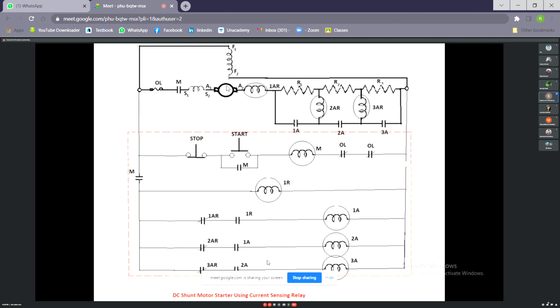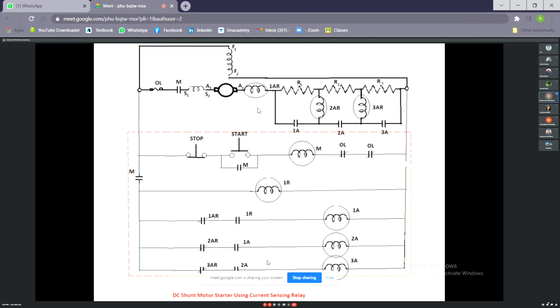Now you can see that the armature is in series with the current sensing relays, this 1AR, 2AR, and 3AR. Initially when we press the start button, this M is excited and this contact M will close. So the armature will get supply in series with this resistance.